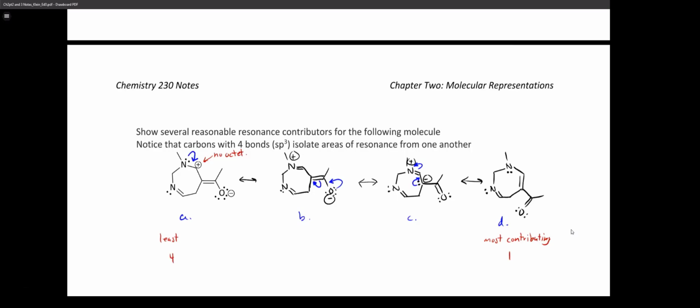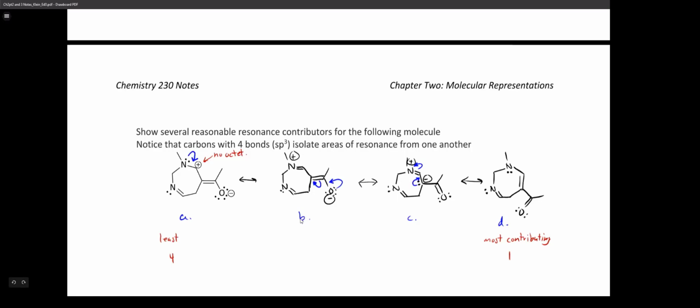What would be the second most important, B or C? All the other rules don't matter until rule 5. Rule 5 basically says you should put negative charges on the more electronegative atoms and positive on the less electronegative, given the choice. So what's better, a negative charge on oxygen or a negative charge on carbon?